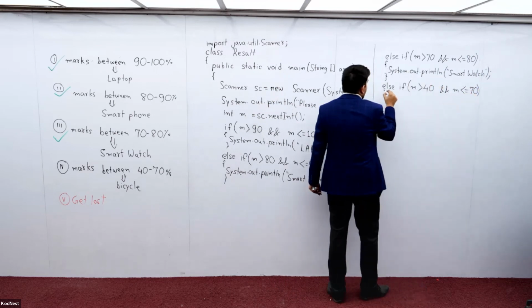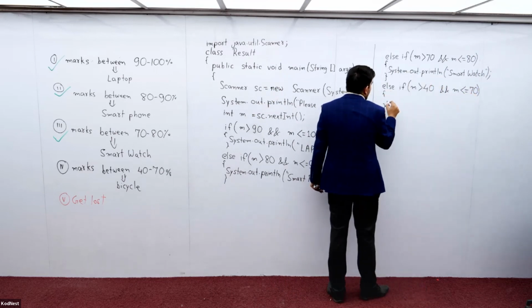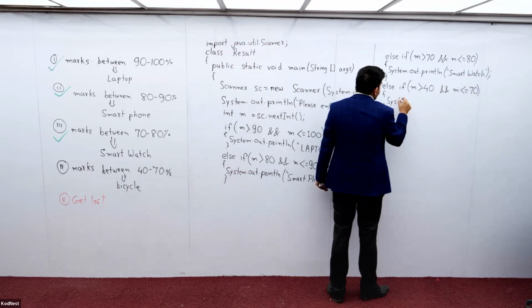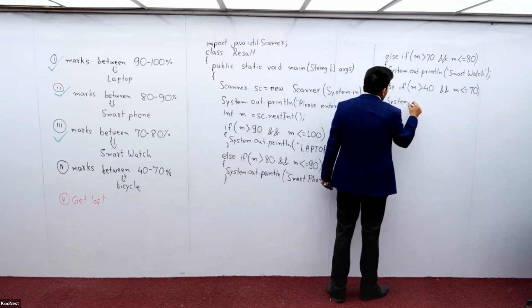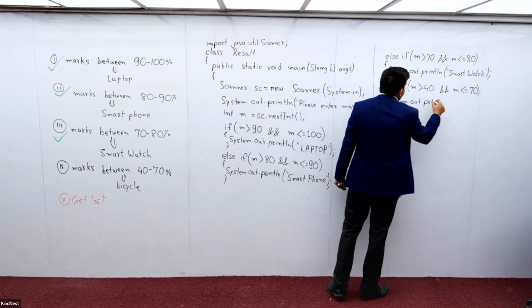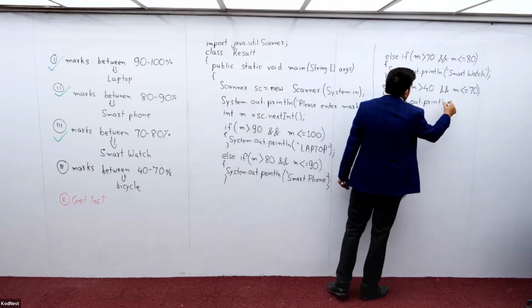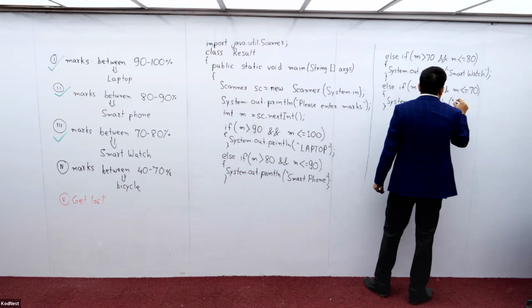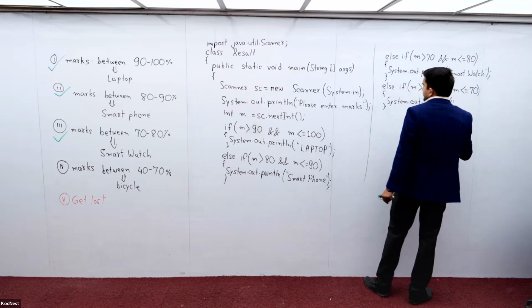In such a case, maybe we are going to print system dot out dot println. Maybe in such a case, we are going to print what? Bicycle.